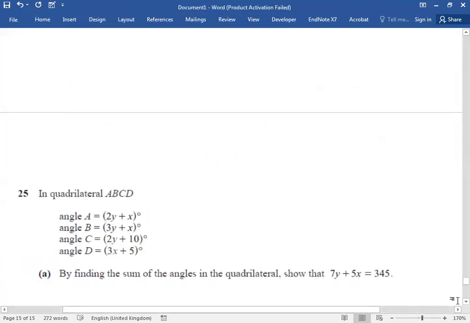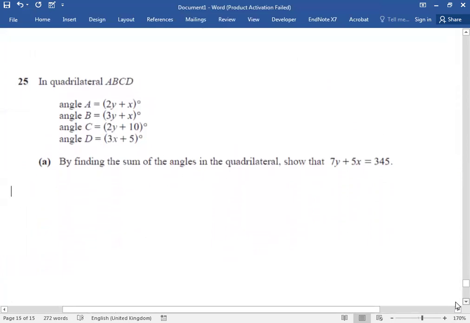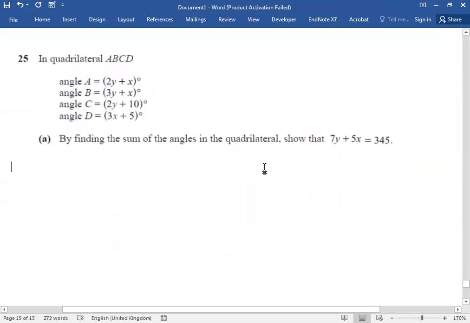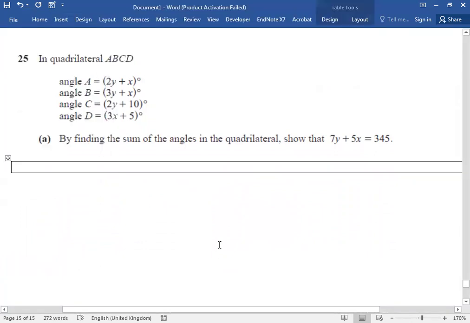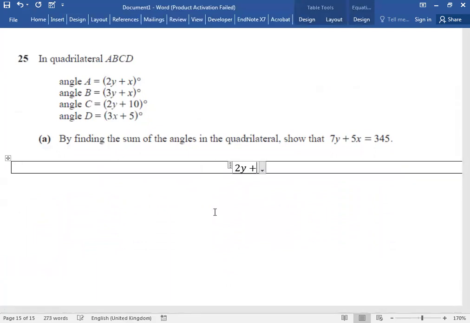Read the question first. In a quadrilateral ABCD, angle A is this, B is this, C is this. Finding sum of angles. What is the sum of angles in a quadrilateral? 360. The sum of angles in a quadrilateral is 360. So 2y plus x plus 3y plus x plus 2y plus 10 plus 3x plus 5 is equal to 360.